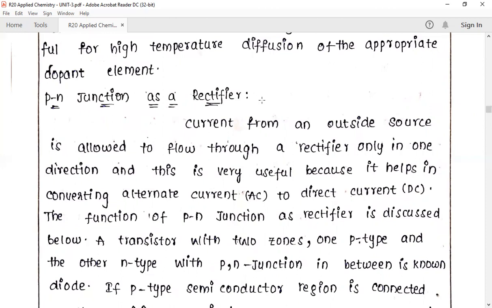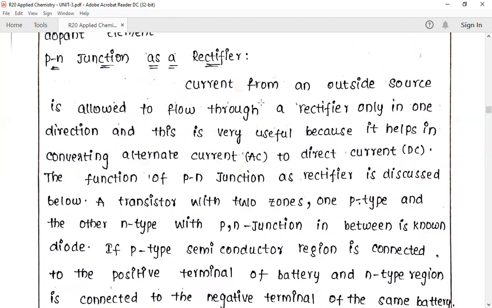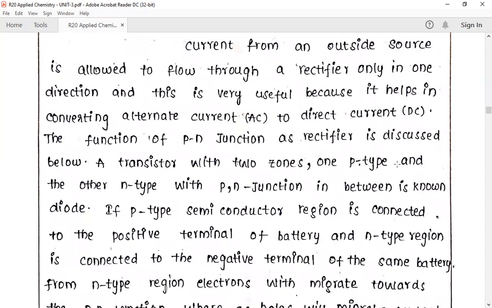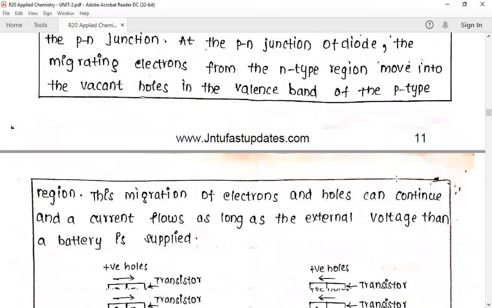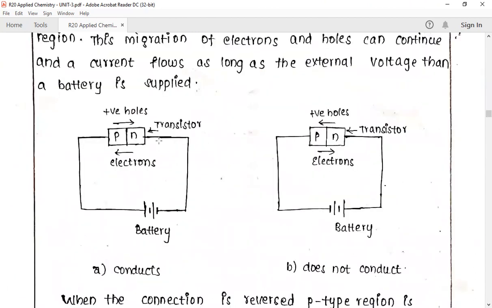The function of the PN junction as a rectifier is discussed below. That is, the transistor with two zones, one is a P type and the other is an N type. See here.